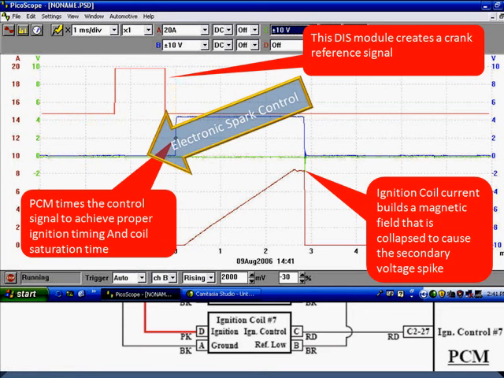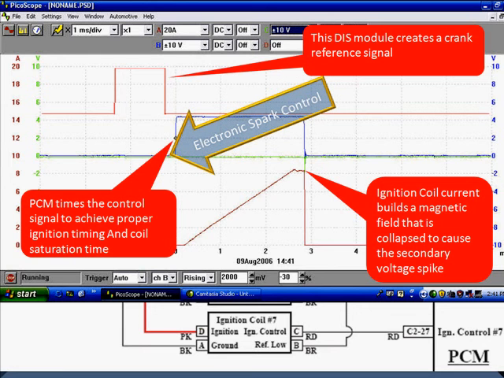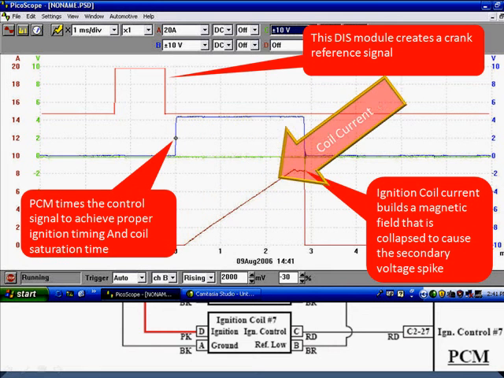This is our electronic spark control, for lack of a better term. Notice this electronic spark control signal is, in fact, controlling the spark. When it goes high, it turns spark on. When it goes low, it turns spark off, to build a strong magnetic field up around the coil so it can be collapsed to generate a strong amperage in the secondary, as we've talked so much about before.